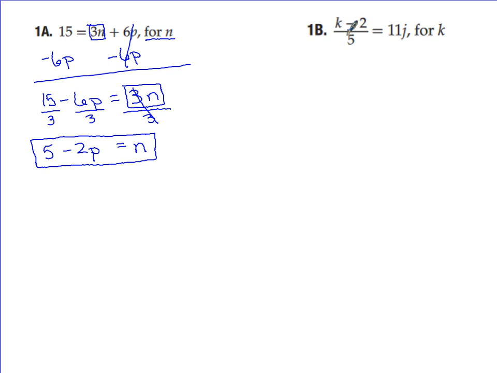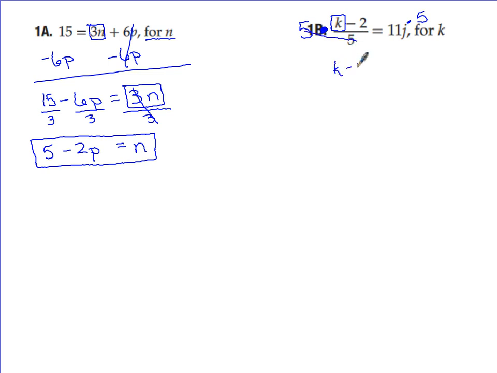k minus 2 divided by 5 equals 11j. Solve for k. So I'm going to get k by itself. Alright, so same thing. Remember, I have minus 2 and divided by 5 outside of the box here. I'm going to start by getting rid of that 5. So I'm going to multiply by 5 on both sides. Alright, so now my 5's are going to cancel each other out.